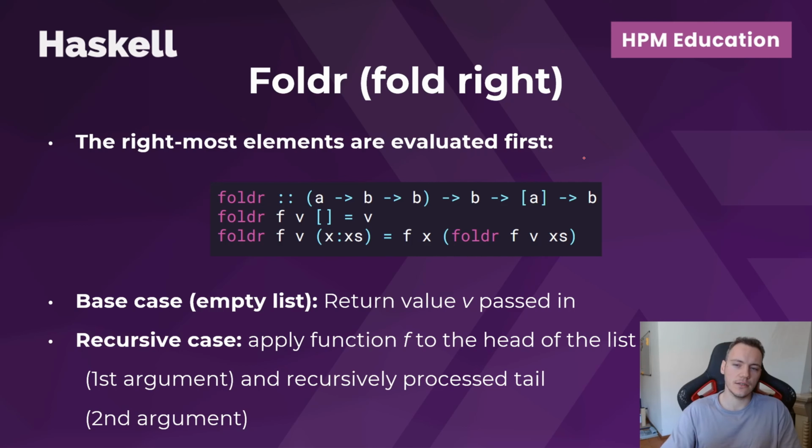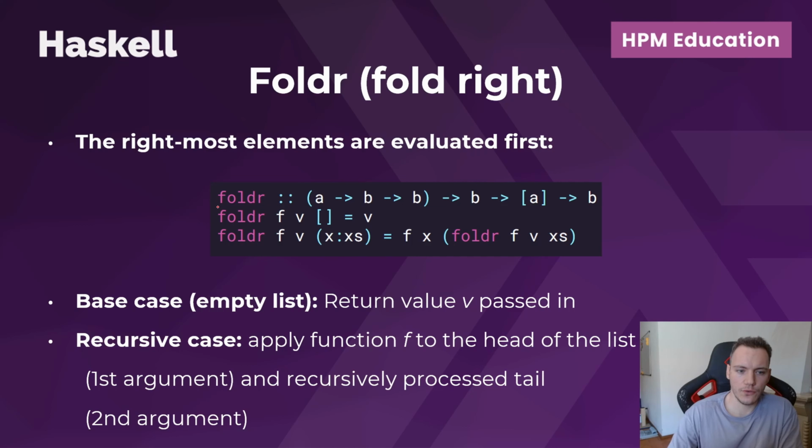However, Haskell is a lazy language, so in some cases, the rightmost elements won't even need to be evaluated because the result of the entire fold can be known, but those are some special cases. In general, the most nested brackets will be on the right, and the rightmost elements will be evaluated first.